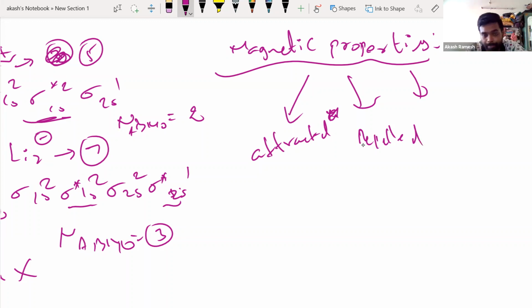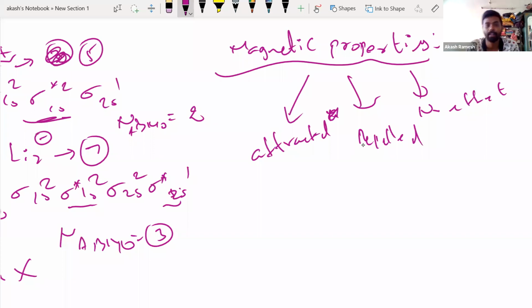Or there will be no effect, neither attraction nor repulsion. So three possibilities: either the molecule gets attracted, or gets repelled by the magnet, or there is no effect. Whether the magnet is there or not, the molecule does not vary much.